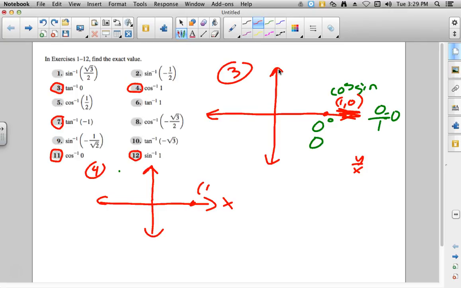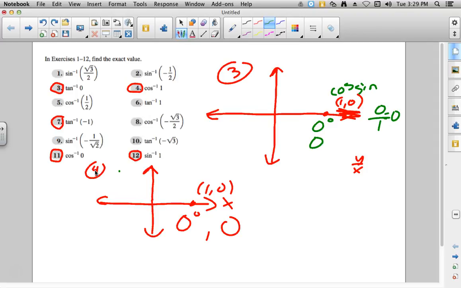And so this is still going to be the point (1, 0) here. And since we want the angle, it's going to be 0 degrees or 0 radians. I believe all these answers were given in radians in the back, so just a 0 with no label on it would indicate that we're talking about radians there.